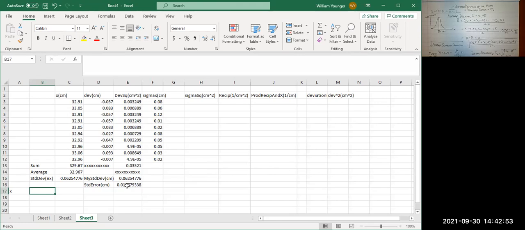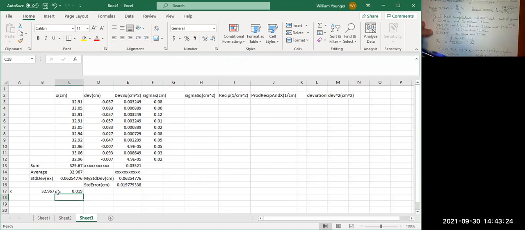So that's why I'm going to use 2 digits, and I'm going to round it to the same place as the mean. So I'm going to say the mean, or the value, is 32.967. And then that's going to be plus or minus 0.019. So that's really what I report. I just put a plus or minus between them. Okay. I just wanted to show you that on paper.